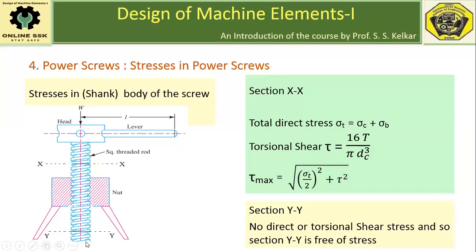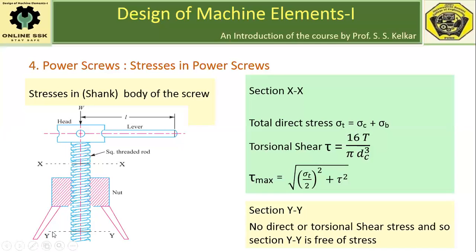There is no bending moment to which this section YY is subjected. So section YY is subjected to neither compressive nor bending stress, and it is also not subjected to torsional shear stress. So section YY is subjected to no stress, and it is completely free of stress.